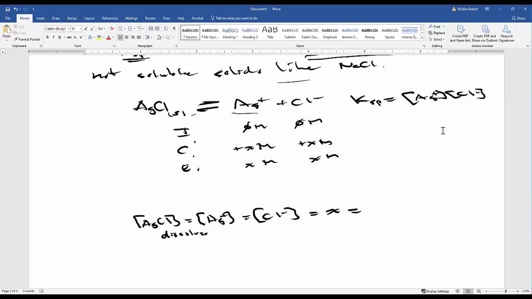And since that's the maximum amount that dissolves, that's also called the solubility. And so we'll just call this the solubility, and we're going to use the symbol S for this.